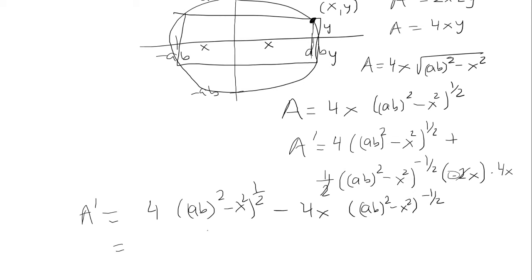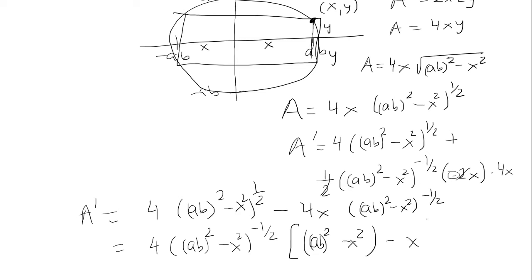So at this point, we want to factor out a 4, and then we have the option of factoring out the 1/2 power or the negative 1/2 power. The rule here is always factor out the one with the smaller exponent, which will be negative 1/2. Then we have to multiply by the other factor to the first power. So negative 1/2 plus 1 will give us the 1/2 exponent, and for the other term, we have to subtract x.